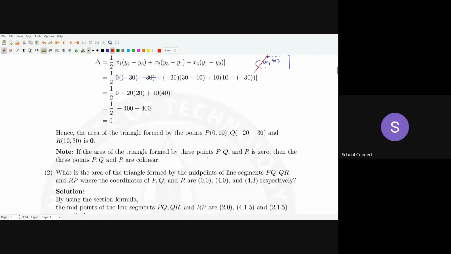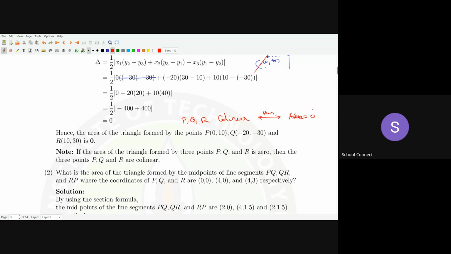So what we can imply is that collinearity implies zero area. If P, Q, R are collinear, then the area will be 0.